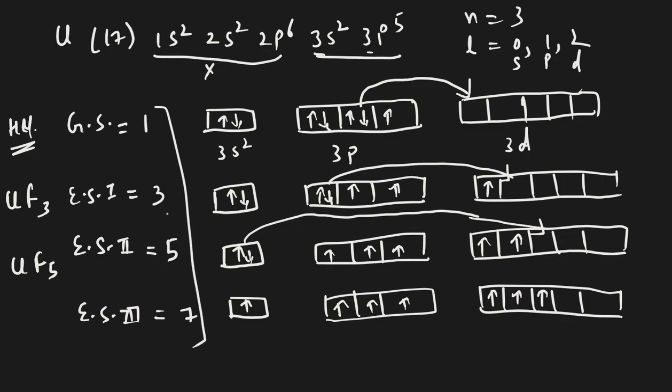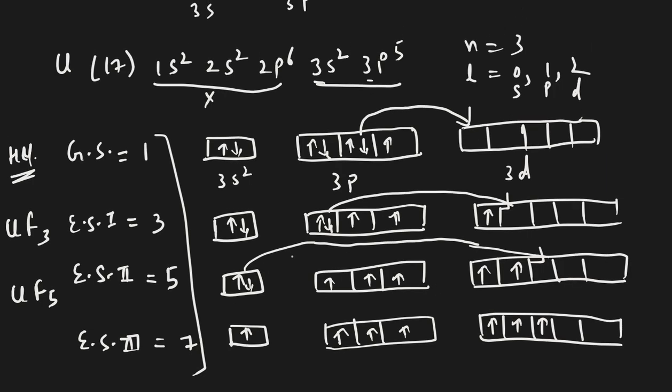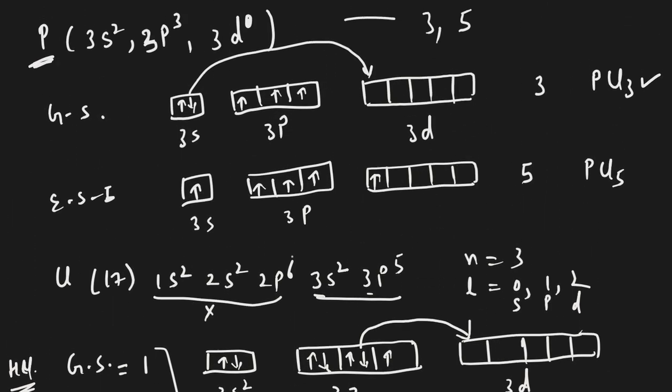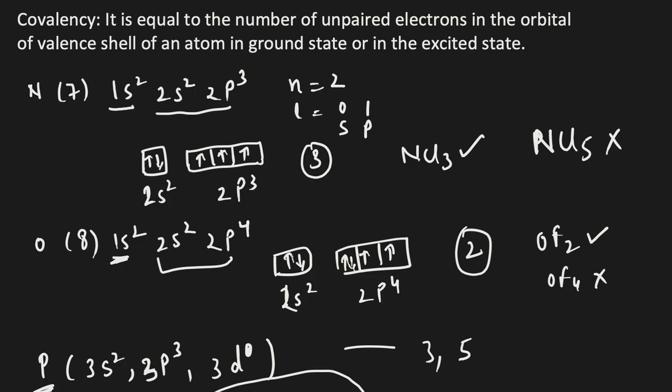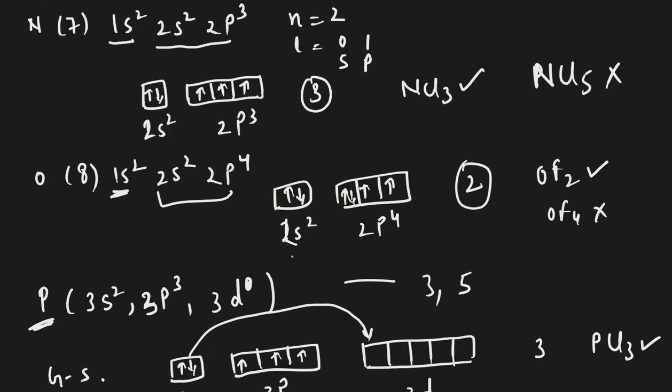It can show 1, 3, 5 and 7. Though you must have studied these covalencies earlier, this is very important to remember, because while drawing the Lewis structure, we need to take into account the covalency of the central atom. Sometimes we end up making such structures where those covalencies are not possible, in such cases of oxygen or maybe sulfur. So try to remember that.